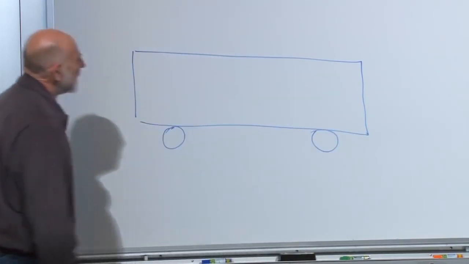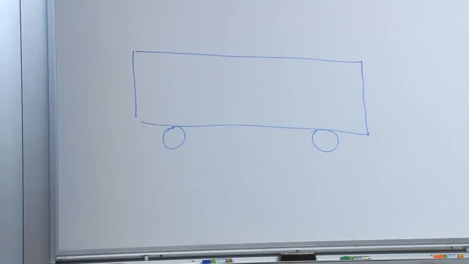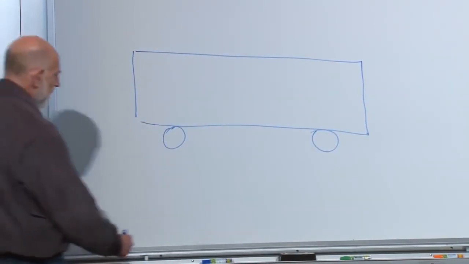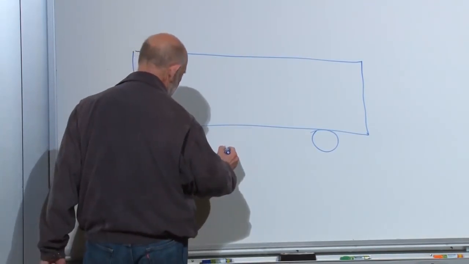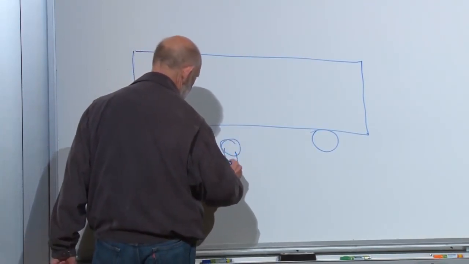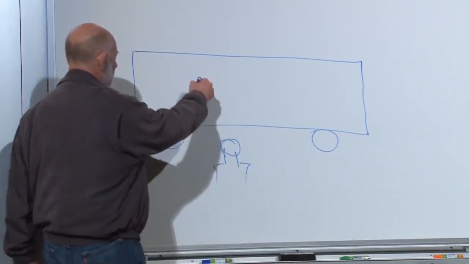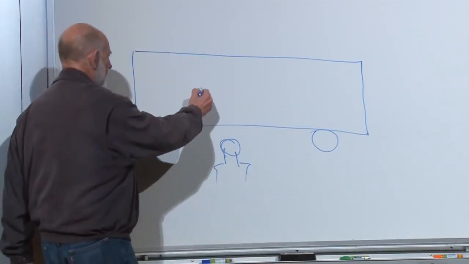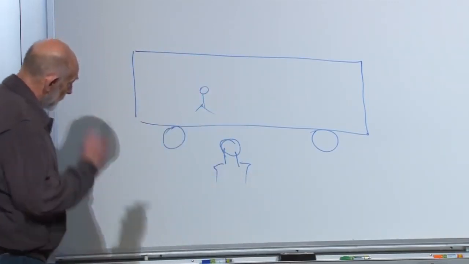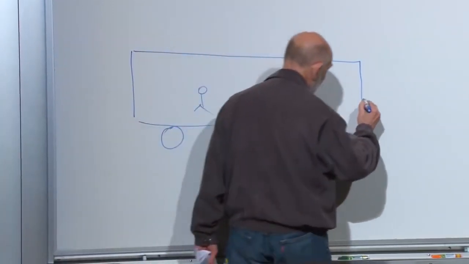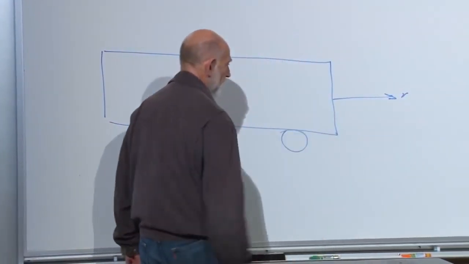That's the train. There's an observer in the train, and there's an observer in the station. Here's the observer in the station. Here's the observer in the train. And the observer in the train is moving with velocity v.